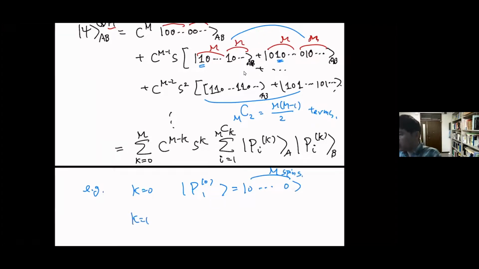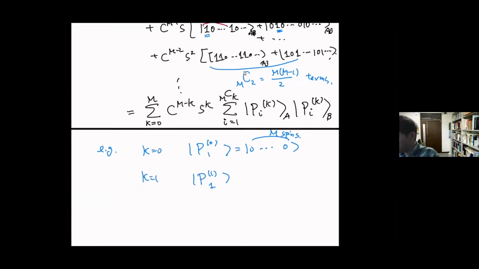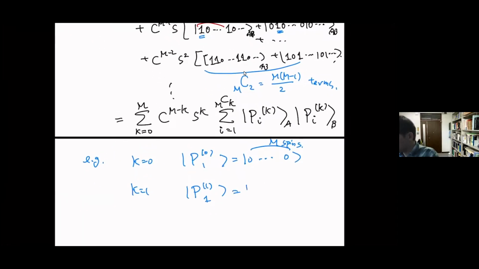K equal 1 corresponds to this one: P1, the K equal 1 case, you have a 1, but there are many, like 1, 0, 0, and 1, 0, 0, 0, 0, but the 1 is a little shifted.